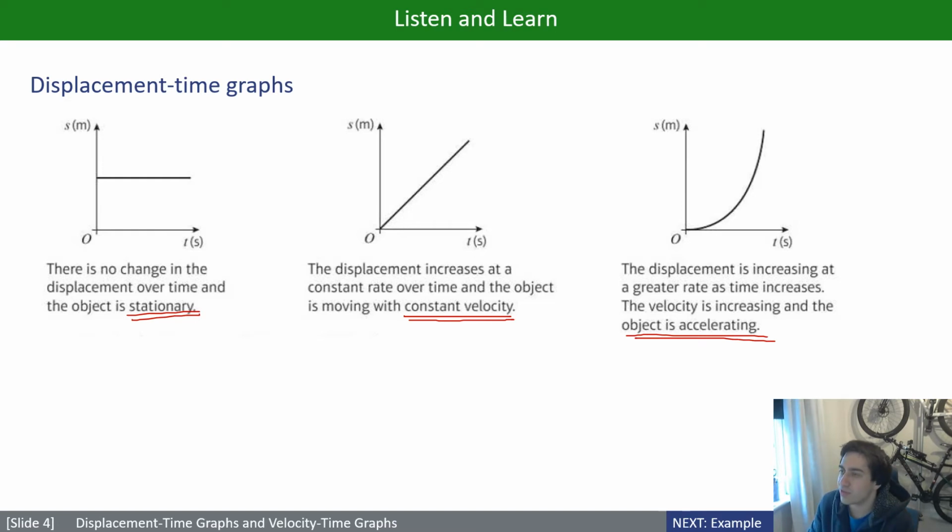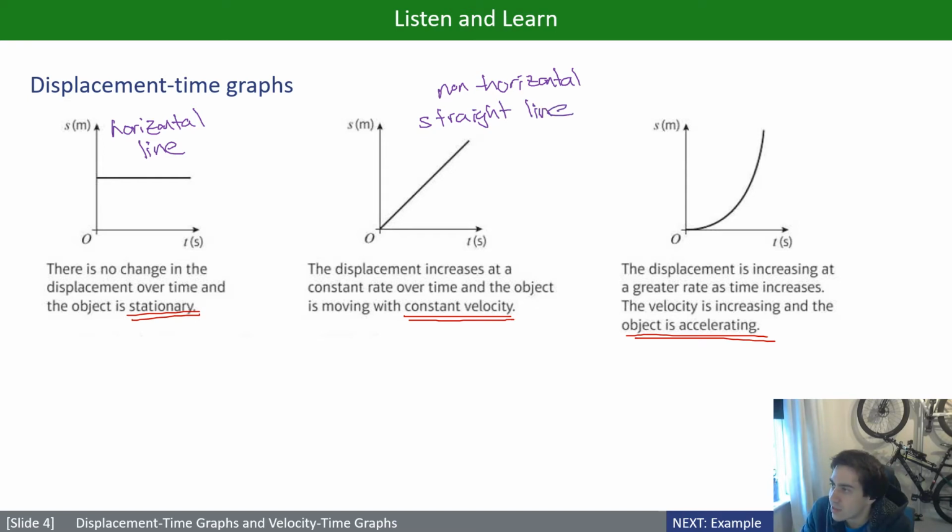So to clarify what features of these graphs correspond to these underlined sections, in the first case it's because it's a horizontal line. In a displacement time graph, and let's be clear, we're talking displacement time, not velocity time, a horizontal line is a stationary object. A non-horizontal straight line is constant velocity, or at least a non-zero constant velocity.